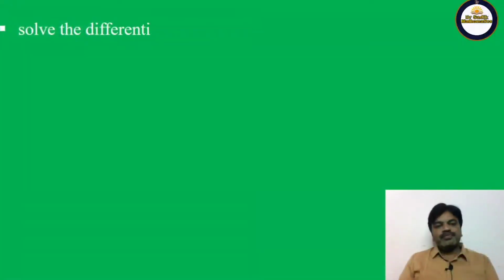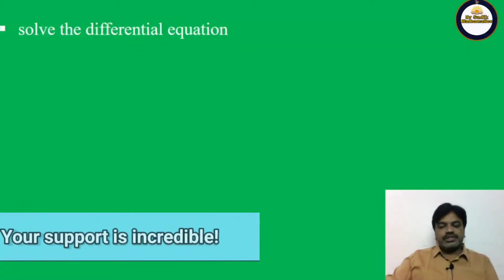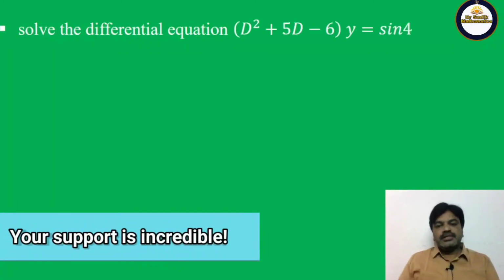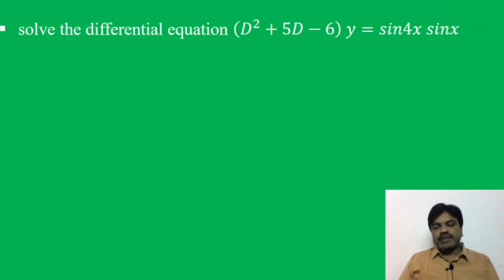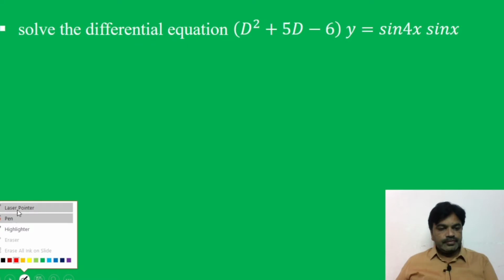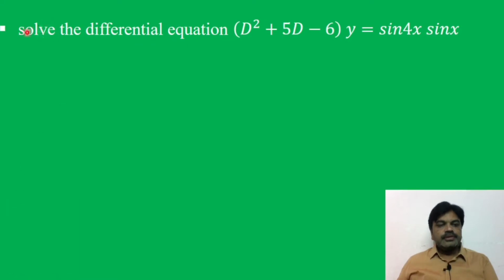Solve the differential equation (D square plus 5D minus 6)y equals sin 4x into sin x. Once again, friends, solve the differential equation (D square plus 5D minus 6)y equals sin 4x into sin x.